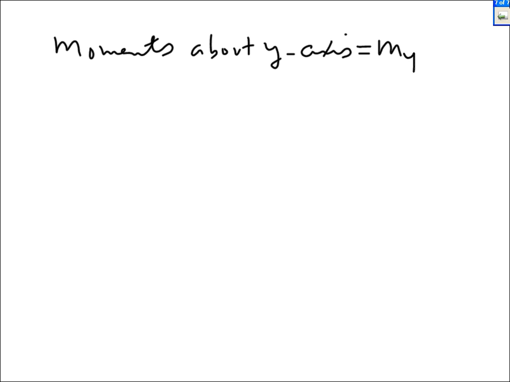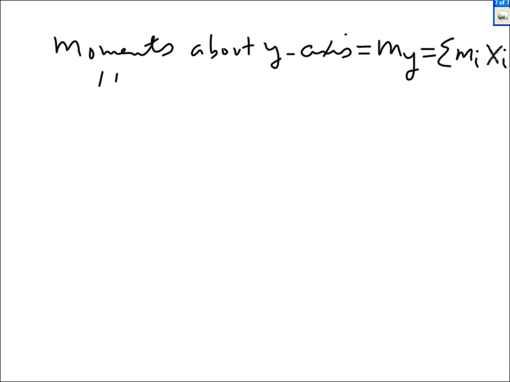Okay. Now, what if we are in 2D and we want the moments of the center of mass? We have these formulas. And it's just what we did. The moment about the y-axis, which is denoted m sub y, is just sum up the mi times the xi's.